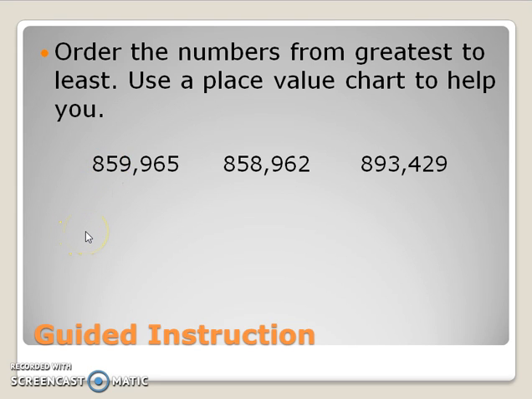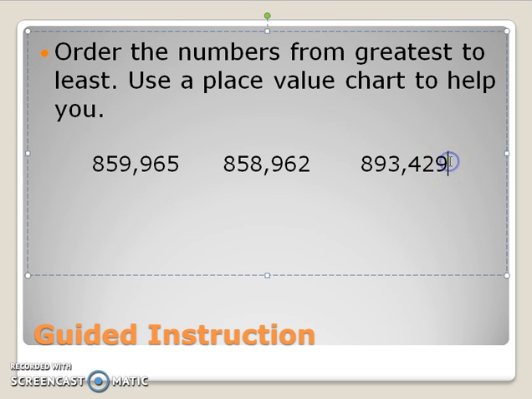So we have 90,000 compared to 50,000. So the first number that's going to be in our order would be 893,429.